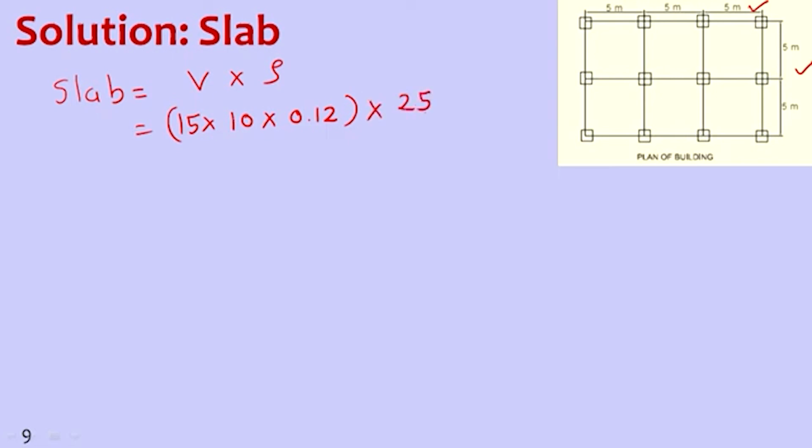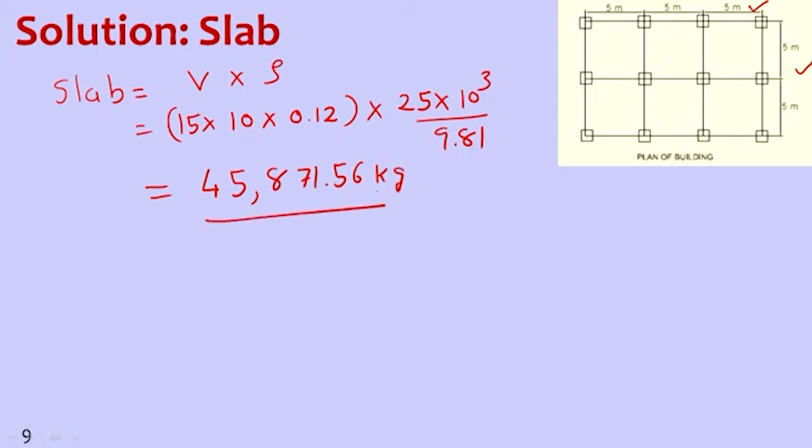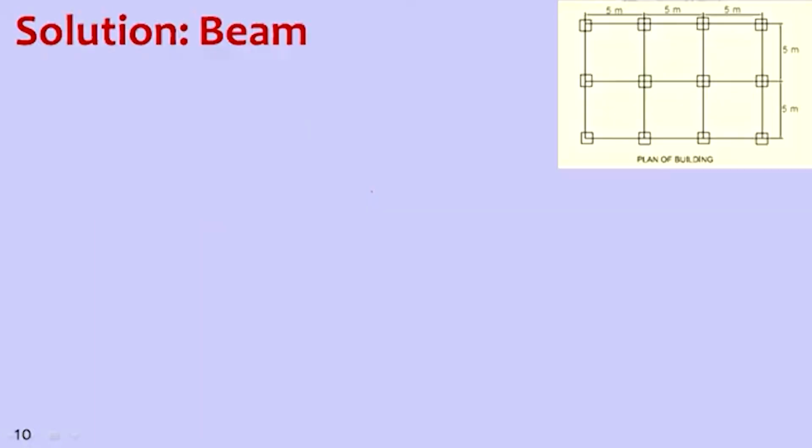Density is 25 kilonewton per meter cube, this is the density of concrete, multiply by 10 raised to 3 divided by 9.81. This will give us the mass of a slab as 45,871.56 kg.